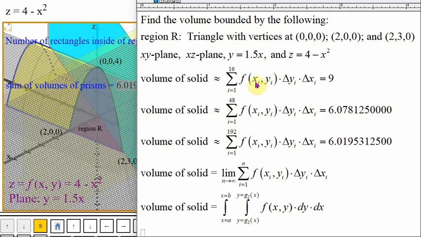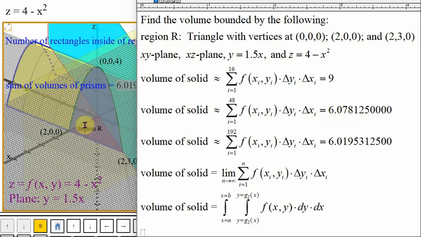And so here's a summary of what I just did. When I divided this region R right here into approximately 16 rectangles, then the sum of the volume of the prisms is 9. And then when I divide it into 48 rectangles, then the sum of the volumes of the prisms is about 6.078.